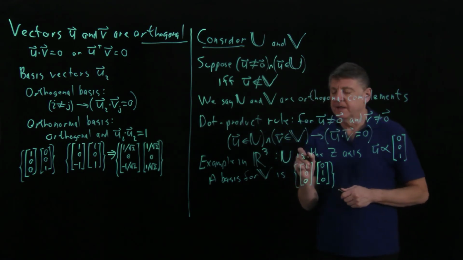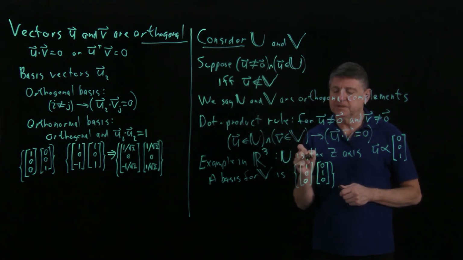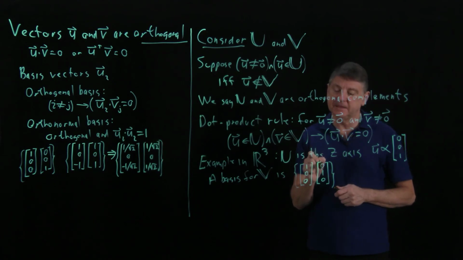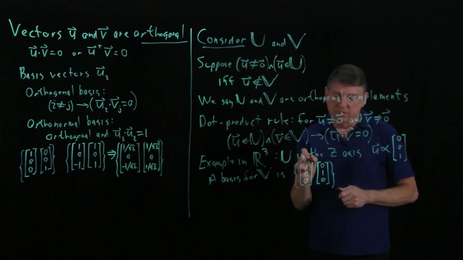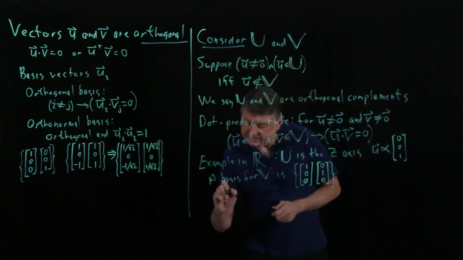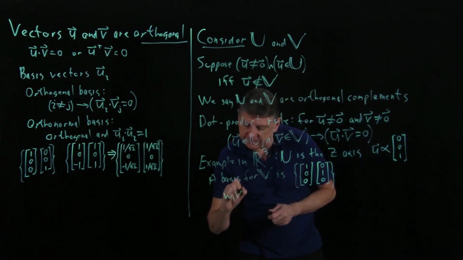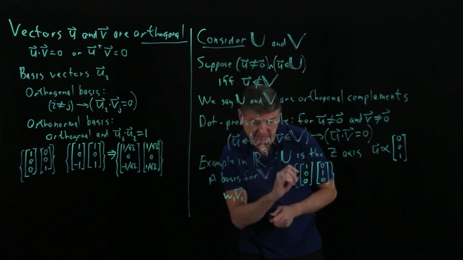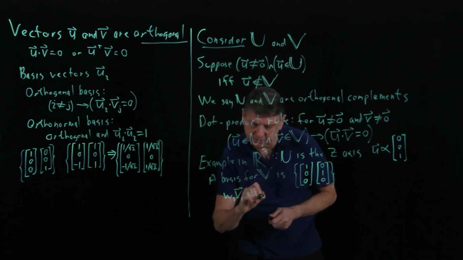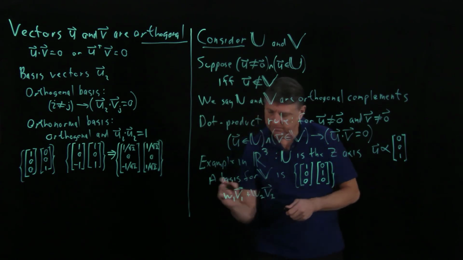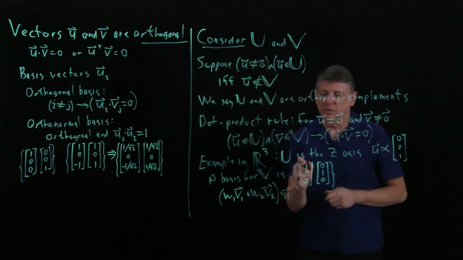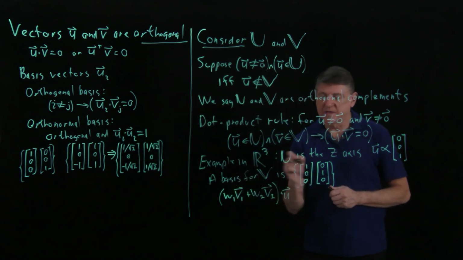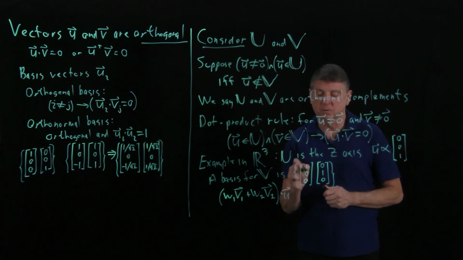And you can verify that any multiple of this plus any multiple of this, if we take the dot product with u, has to be 0, because whatever values we put in here, so if we take W1 times basis vector 1 plus W2 times basis vector 2, and then we take the dot product with u, well, W1 times this will be (W1, 0, 0).